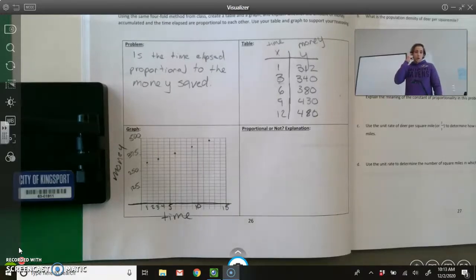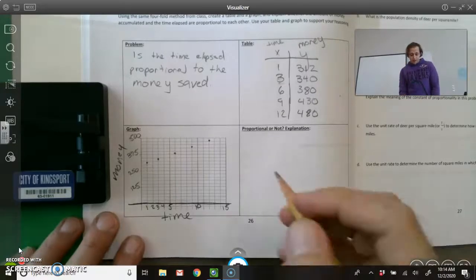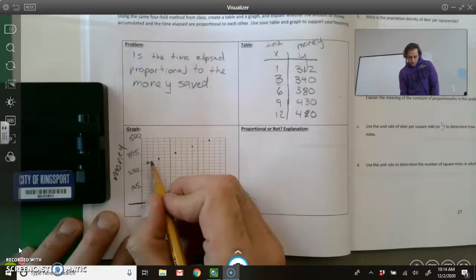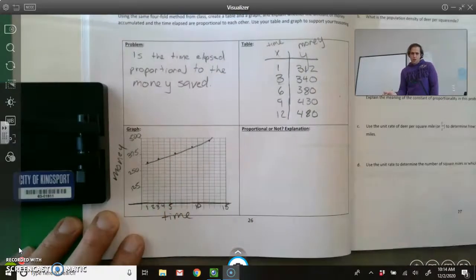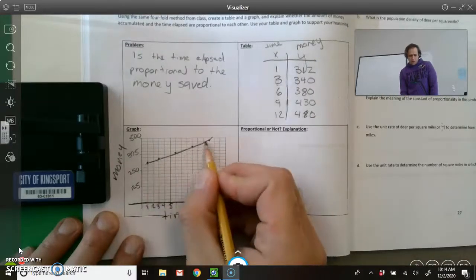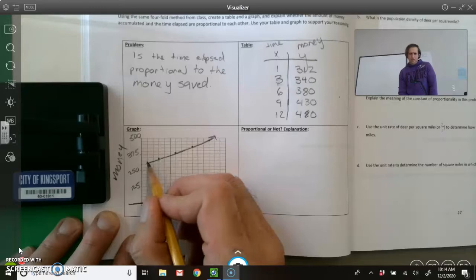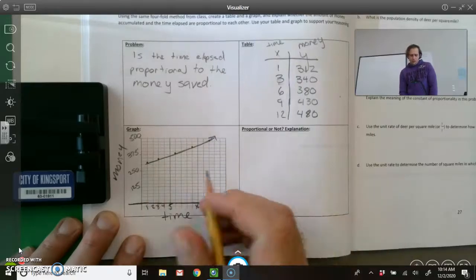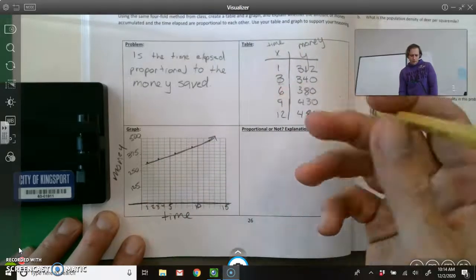Well, we learned last lesson, lesson 5, there are 2 criteria that make a relationship proportional. 1, the graph must be a straight line. This graph appears to be pretty straight. I'm not sure that it's straight, but it's pretty straight. We'll talk about what makes it straight or not straight in just a minute, but it's pretty close to straight, okay?